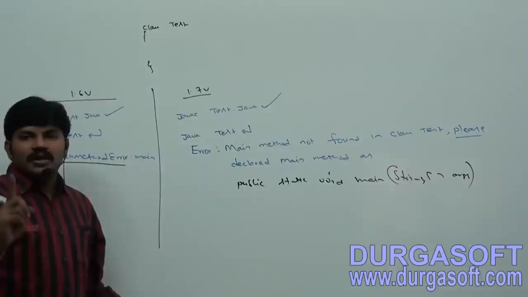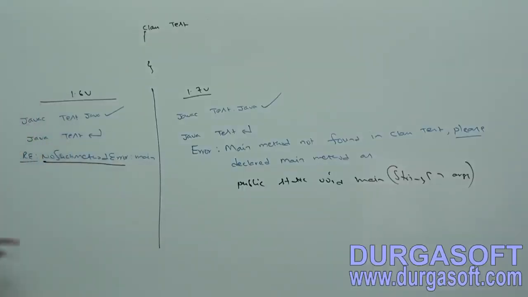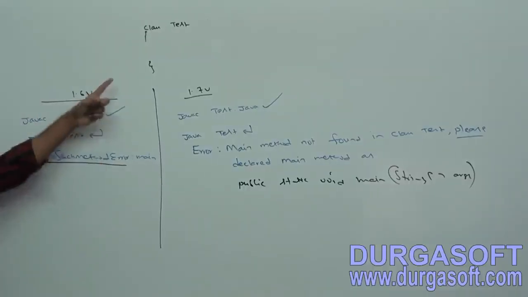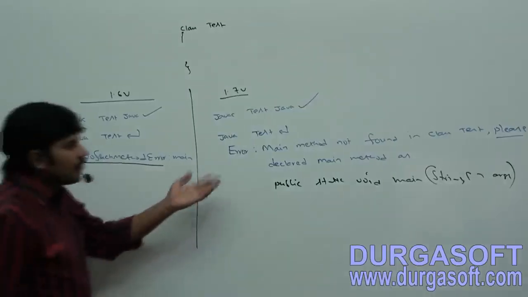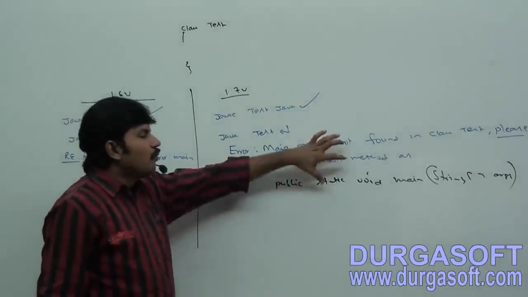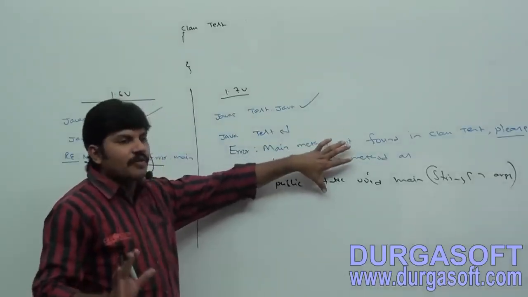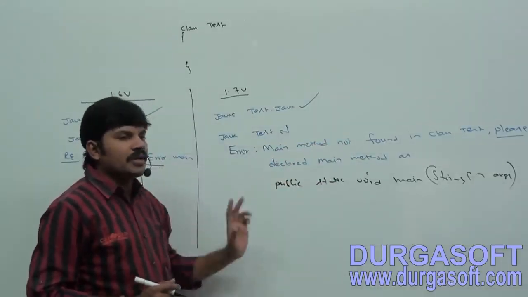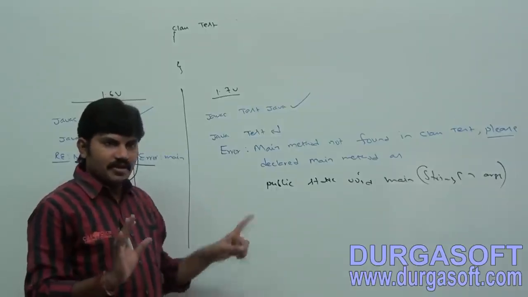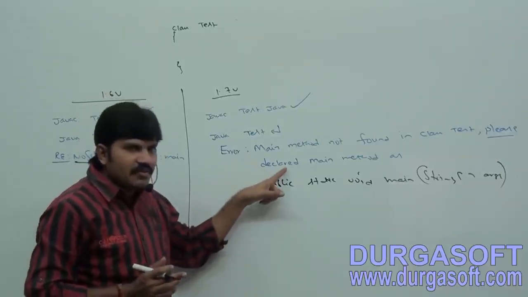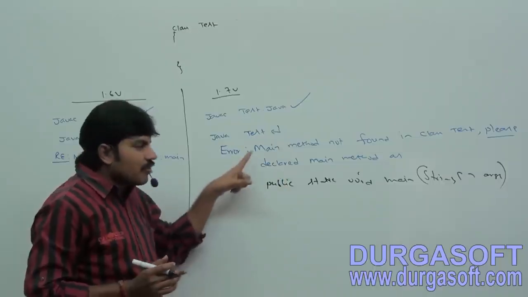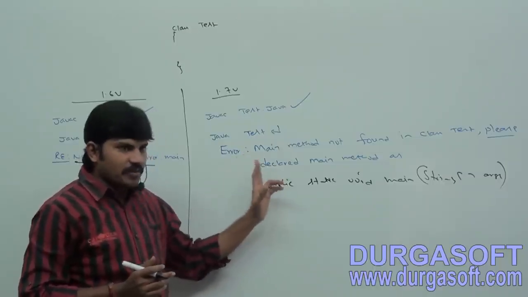Are you getting it? So until the 1.6 version, we get NoSuchMethodError if the class doesn't contain a main method. But from the 1.7 version onwards, more meaningful error information is given by default instead of NoSuchMethodError. Is it a change in the 1.7 version, an enhancement, or not?